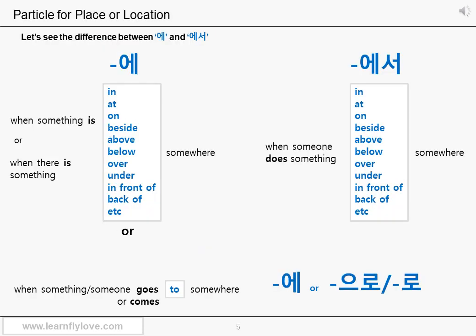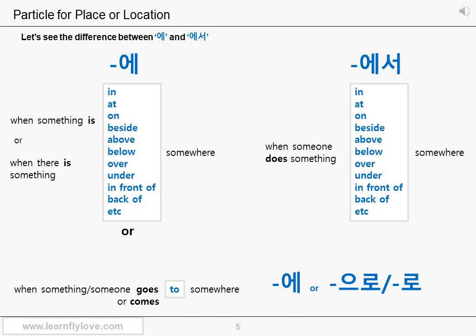Before we wrap up this lesson, let's summarize this lesson with this one page. Of course, the particle 에 is used for time-related nouns too, but if we talk only about a place and a destination, 에 is used to say something or someone is somewhere, basically. And 에서 is used to say someone does something somewhere.